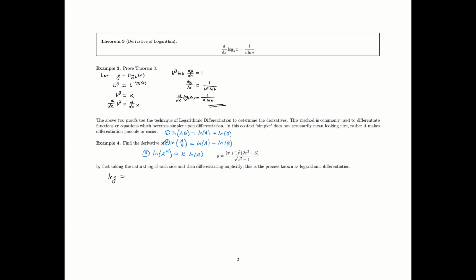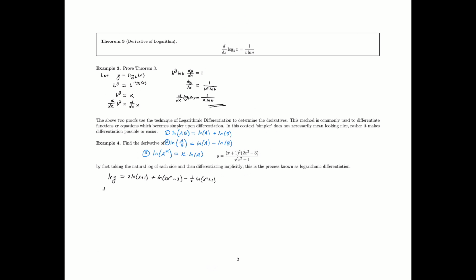So in one line, we can actually go all the way to 2 natural log of x plus 1 plus the natural log of 2x squared minus 3 minus 1/2 the natural log of x squared plus 1.